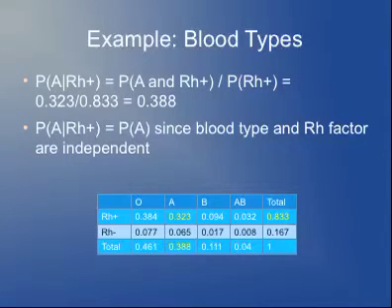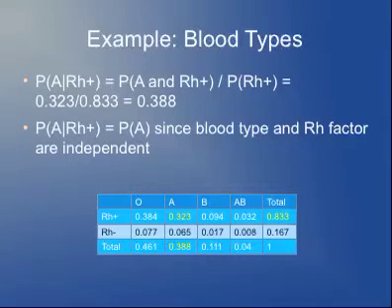So that's 0.323 divided by 0.833, which is approximately equal to 0.388. And note that 0.388 is just the probability of having type A blood generally. So the probability of type A blood given Rh positive blood is just the probability of type A blood, since blood type and Rh factor are independent.